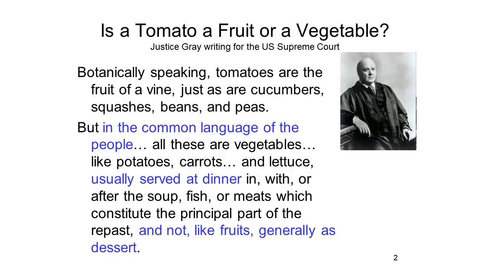And he compared tomatoes to other exemplars of the vegetable category, such as potatoes and carrots and lettuce. This is not how the logicians would have us define categories and categorize objects. So again, the way we reason about categories departs radically from the prescriptions of the logicians.